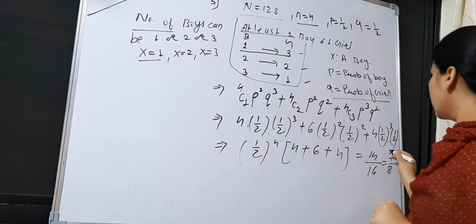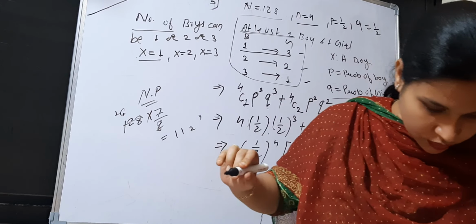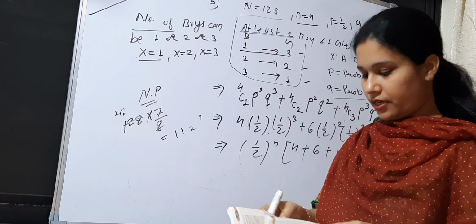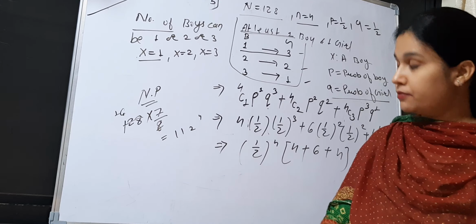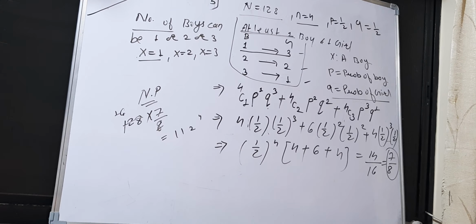So 128 into 7 by 8, 128 divided by 8 is 16, and 16 into 7 will be 112. So the answer to this question will be D. For the fifth question the answer will be D, 112, right? This is the expected number of families. Now we will see what question number 6 is.